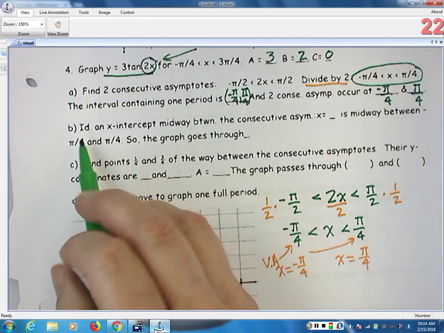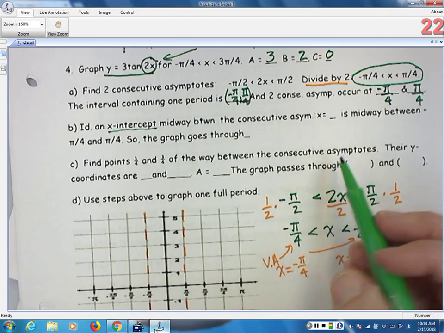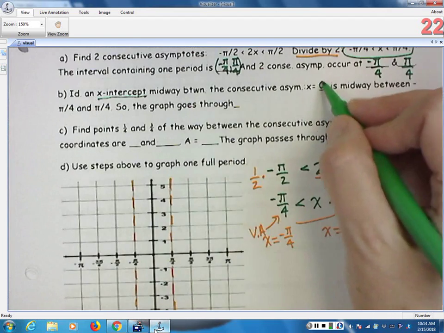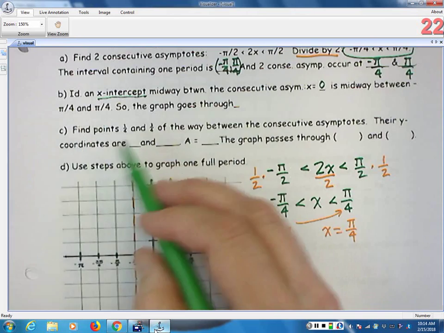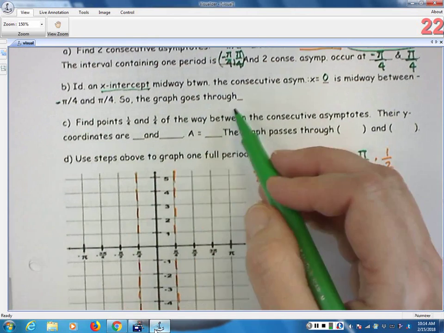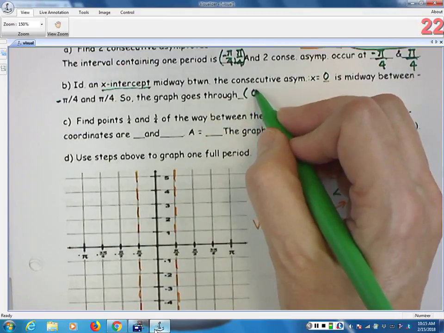Then we identify an x-intercept midway between these 2 consecutive asymptotes. Well, that's at x equals 0. So the graph goes through the point 0, 0.